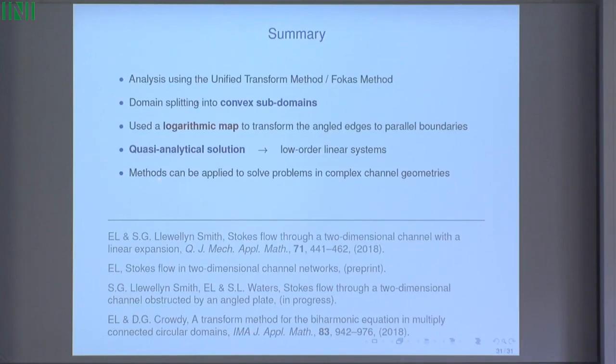So these methods can be applied to solve complex general geometries. Here I showed you only polygonal geometries. Only the last problem was multiply connected, but you can also use it for multiply connected circular domains. Having those transform pairs for polygonal and circular domains, you have many tools to analyze these problems.